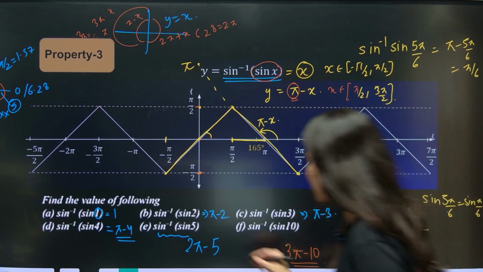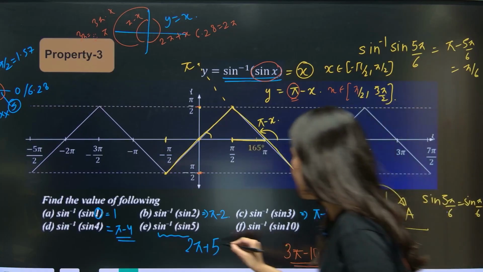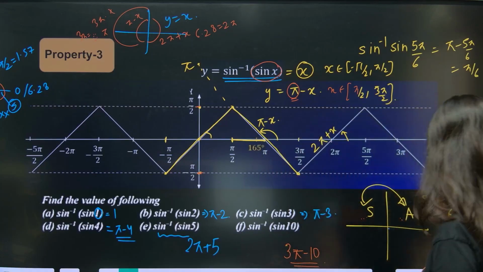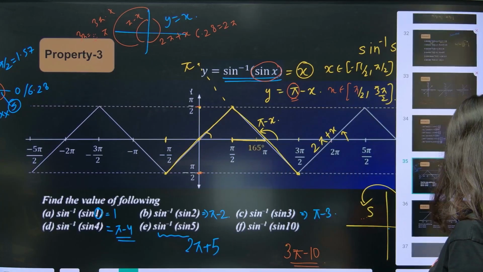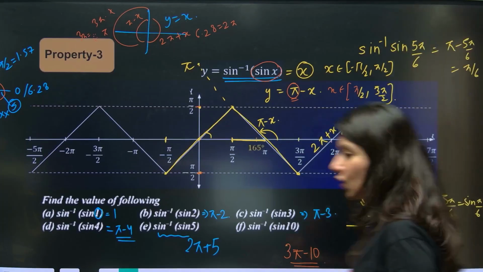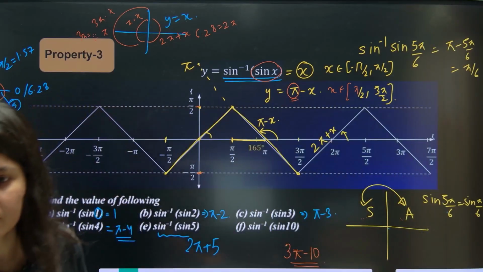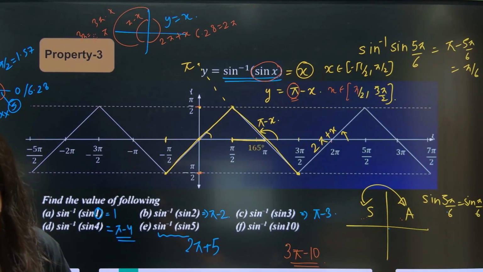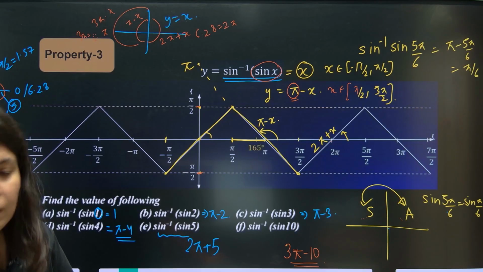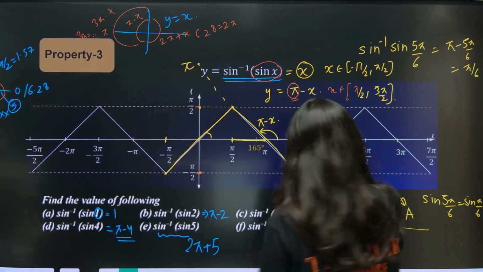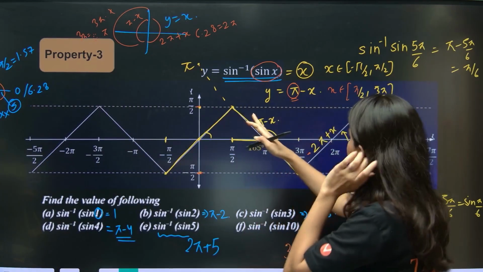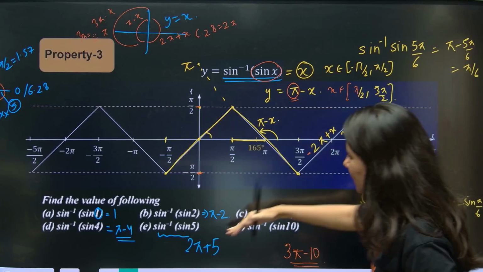2 pi plus 5, yes, 2 pi plus 5. Got it? Have a look. Hold on, this is minus 2 pi. Sorry, this is pi minus 2 pi, no? Yes, this is minus 2 pi.